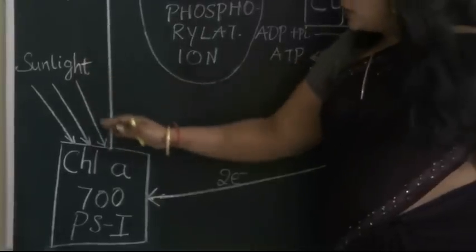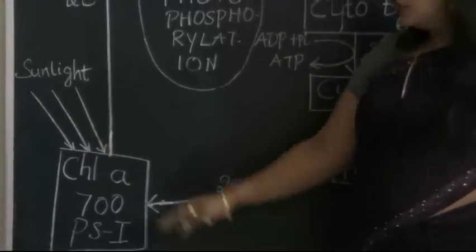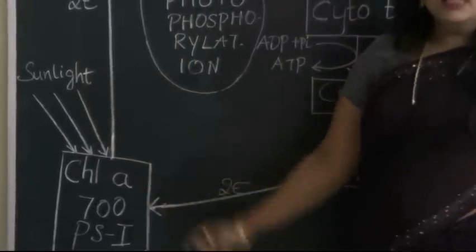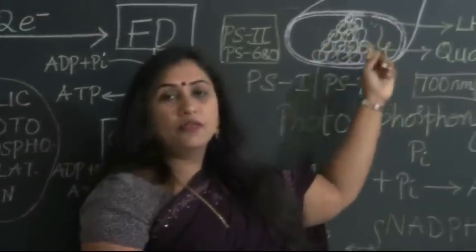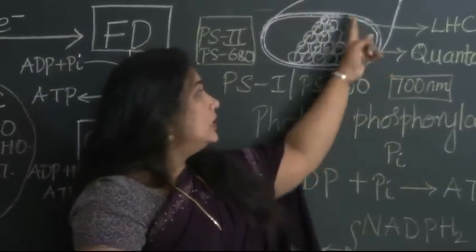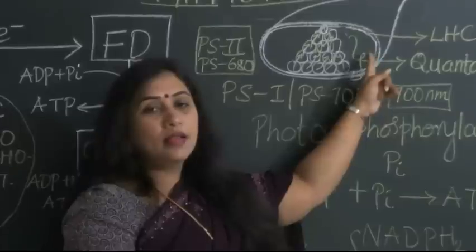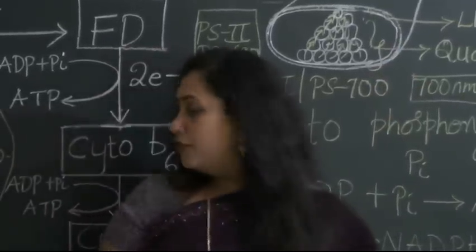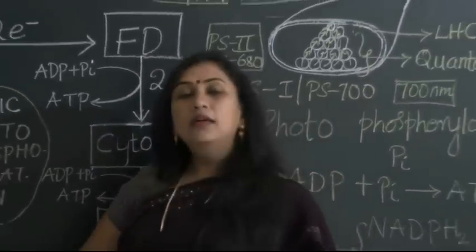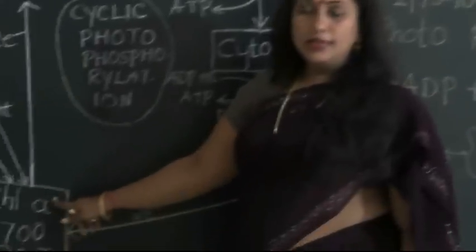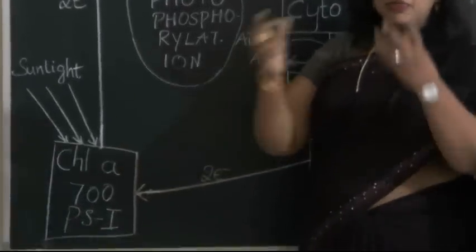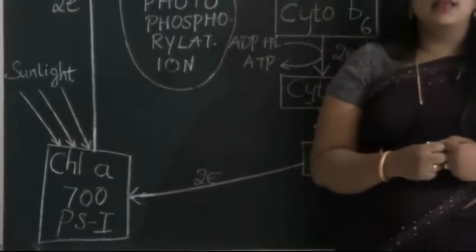When they absorb the sunlight that falls on this chlorophyll, and where is this chlorophyll A? I told you, it is present in the membranes of the thylakoids. So when sunlight falls on them, the valence electron gets excited by absorbing energy from sunlight.